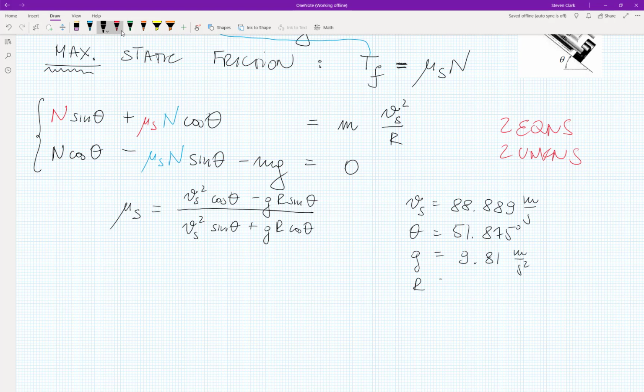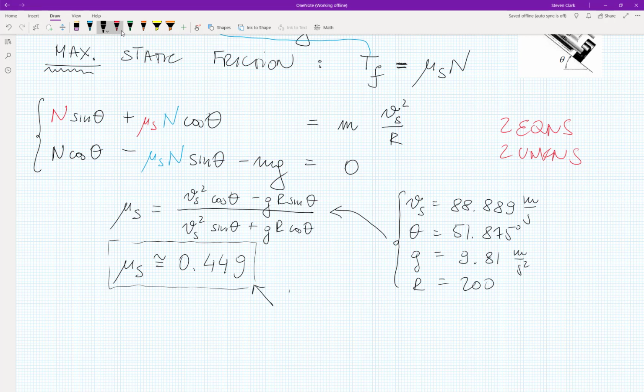And R was 200. Okay, let's plug in these four values here. And if you grab your calculator, you will obtain that mu s is approximately 0.449. Answer B.